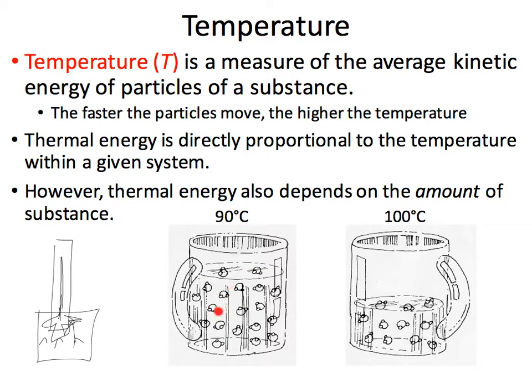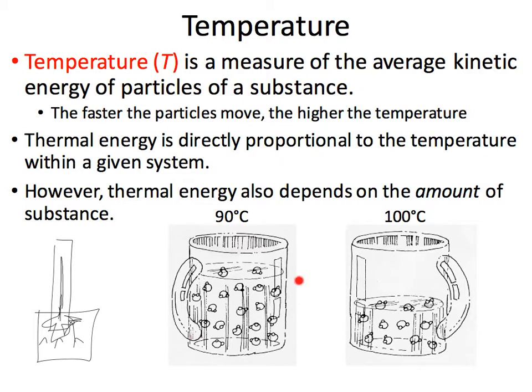So when we look at these two situations here, we have the water in here, which possesses a certain amount of thermal energy, and the water in here that again possesses a certain amount of thermal energy. If we were just to look at these temperatures, we can say that this water possesses more thermal energy, because we'd expect thermal energy and temperature to be directly proportional. This one should have more thermal energy.